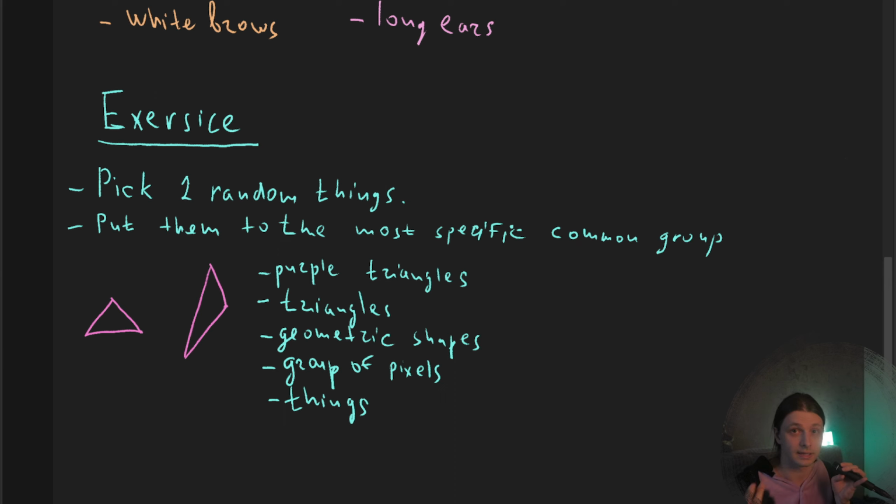You can try, and you should try, to find as many groups as possible. So maybe we should not put them to the most specific common group, but to the common group of variable specificity. Let's call it this way.